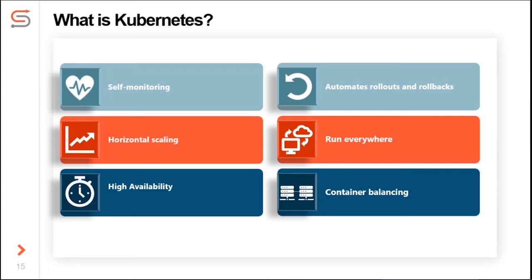So if there's something that goes wrong when you're deploying the code, it will automatically roll back for you. And it's also an open source tool and gives you the freedom to take advantage of on-prem, hybrid, or public cloud infrastructure. Kubernetes is designed to tackle the availability of both applications and infrastructure. So these are the two key tools that we used in our framework that I'll show you in just a moment.